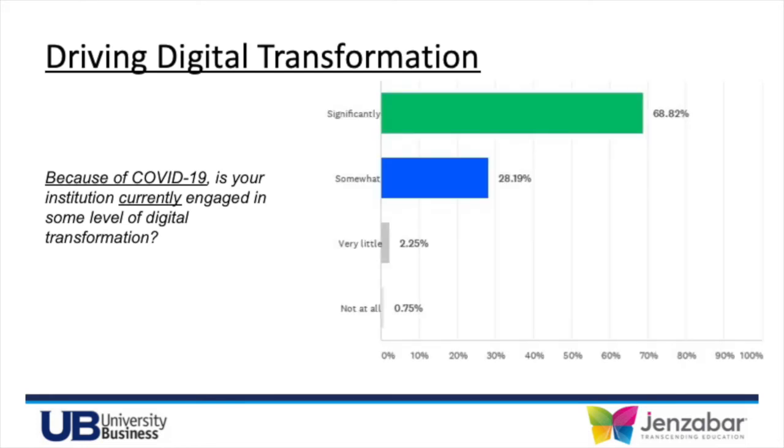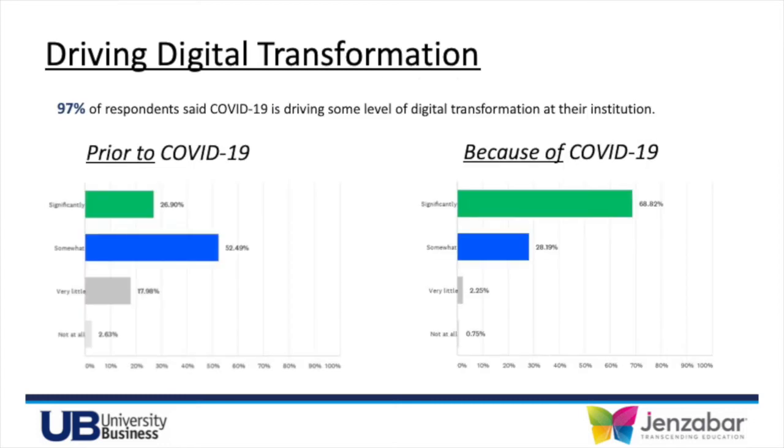All of a sudden, it jumps to significantly, this huge increase to the top answer. I can show them side by side here. So you add up those two on the right, the top two, significantly and somewhat, and that's where we come up with this number, 97% of respondents saying COVID's driving some level of digital transformation at their institution.